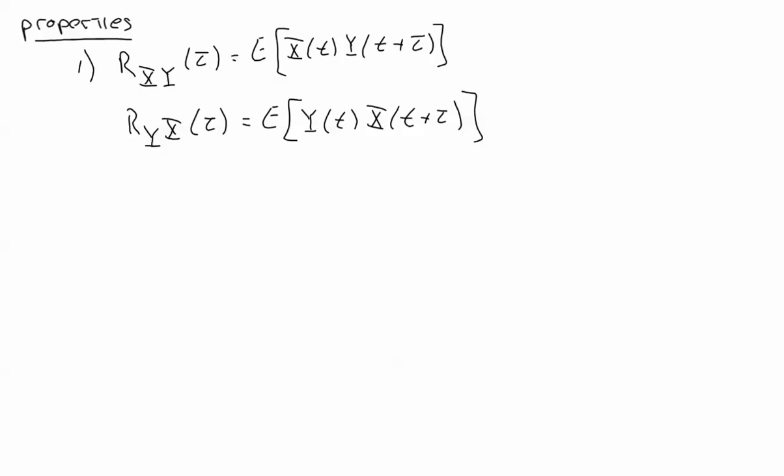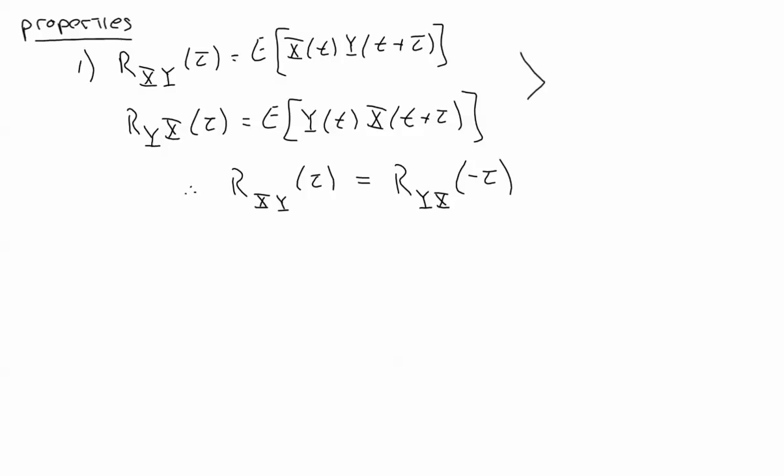So hopefully you'll see that when I subscript it this way, the cross correlation r_xy of tau equals r subscripted yx evaluated at minus tau. In other words, these two relationships, those are both cross correlation terms.